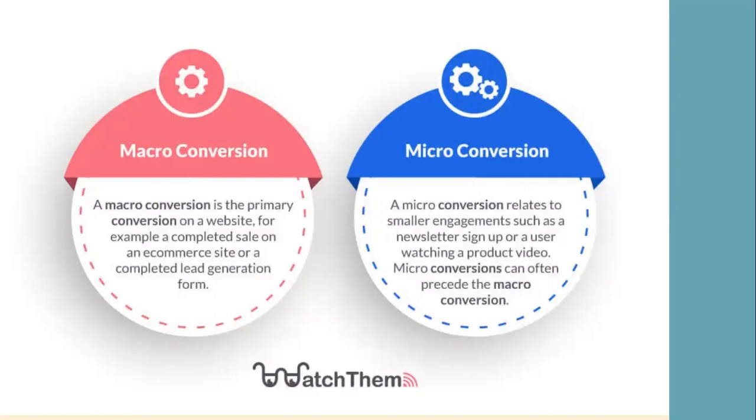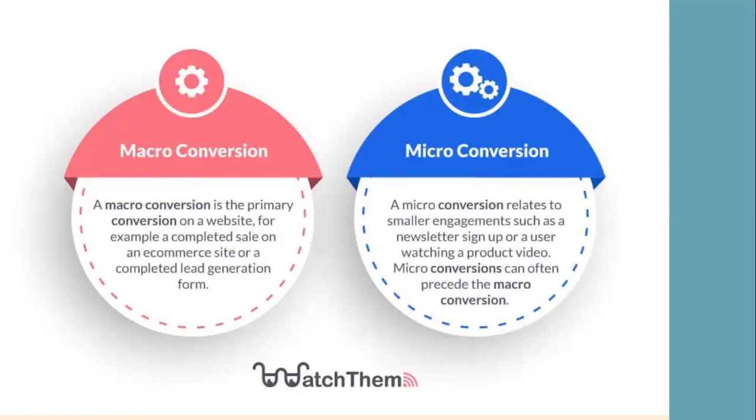Now, before the product was actually bought, there were a number of things that contributed. Micro conversions are all these things that contribute to a macro conversion, right? So, the user viewed the category page, and let's say the user selected a product.